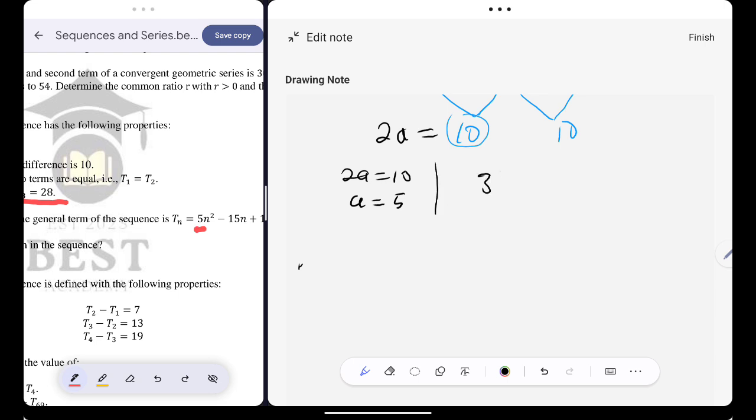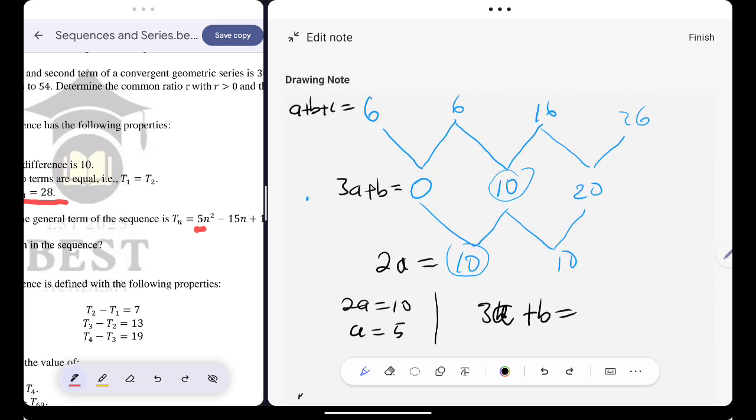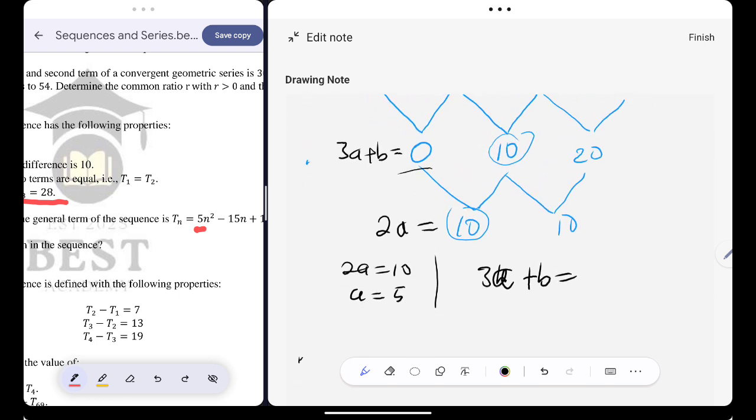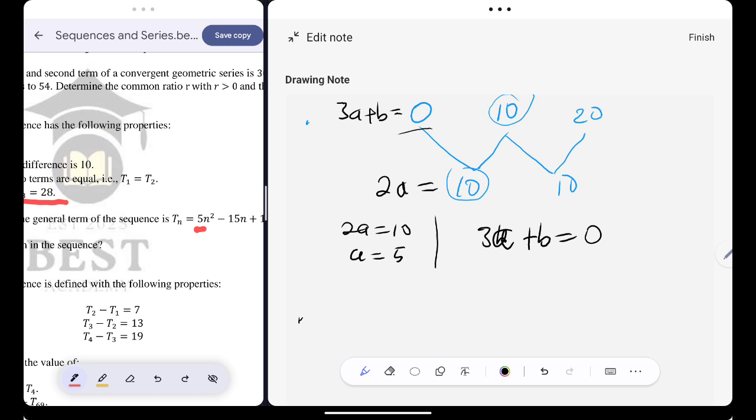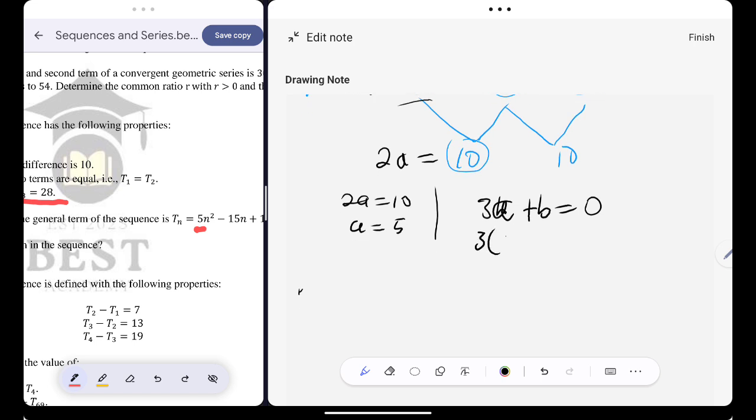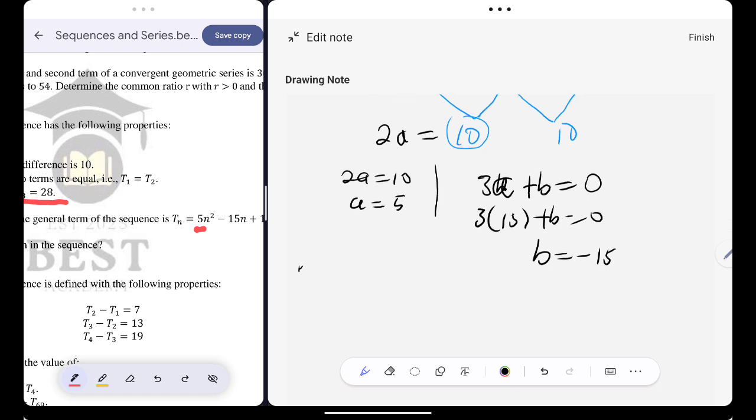I know that 3a plus b should be equal to the first term of the first difference. This is 3 times 5 plus b is 0. That means b is negative 15. Are you together?